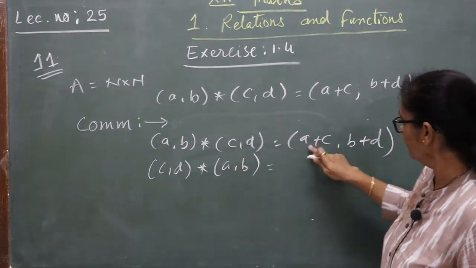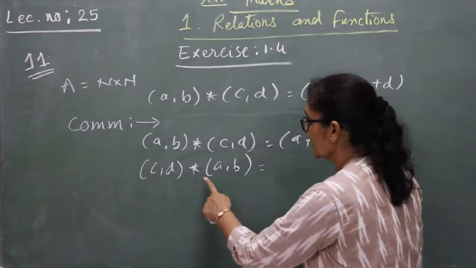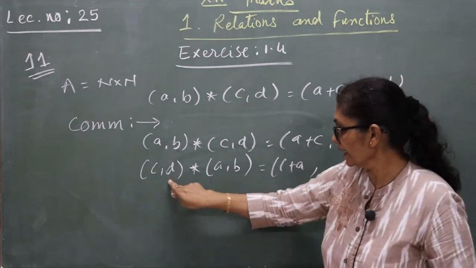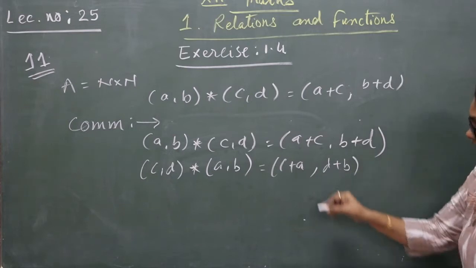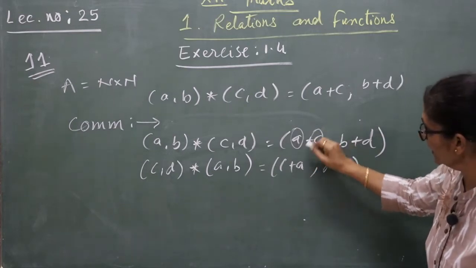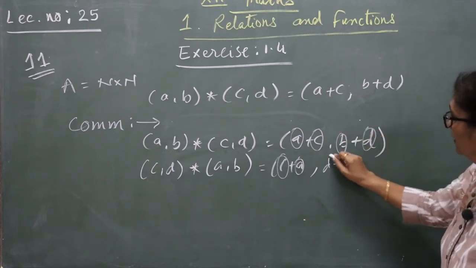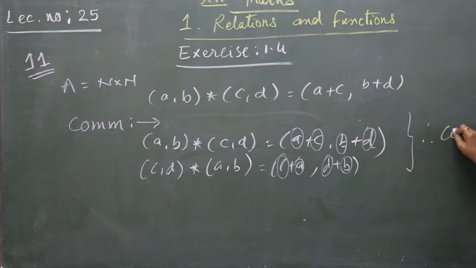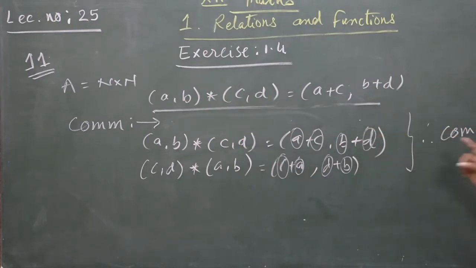A and C, then B and D. So here also we have to take C and A. The first relation is C plus A, the second relation D with B, so D plus B. Now you can check. A plus C, C plus A, the meaning is the same. B plus D, D plus B, the meaning is the same. So from this you can say that the given relation satisfies the commutative rule.